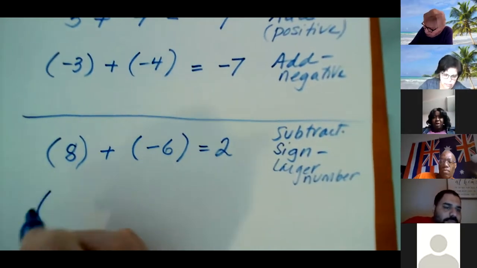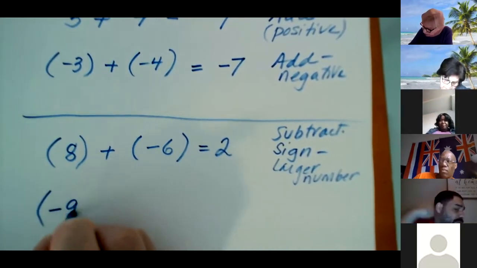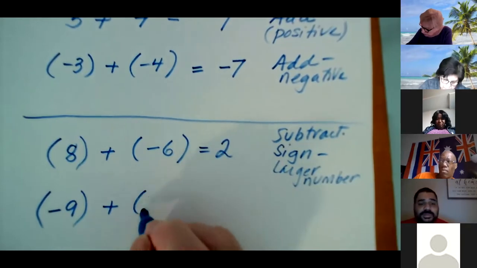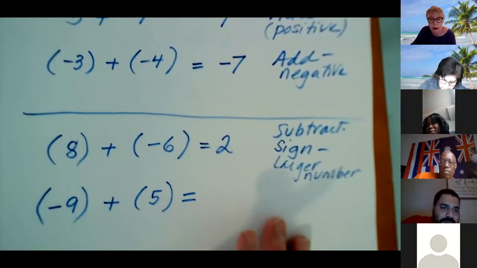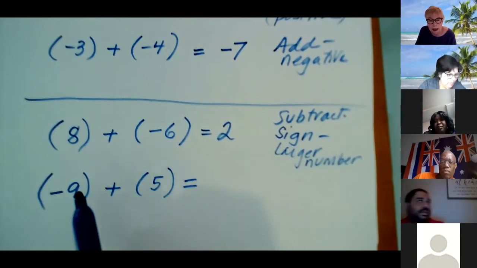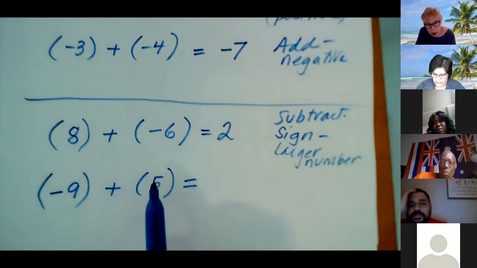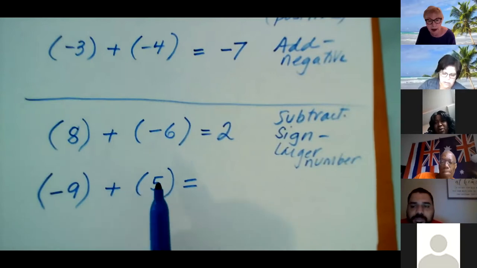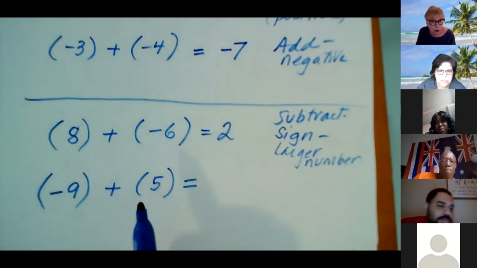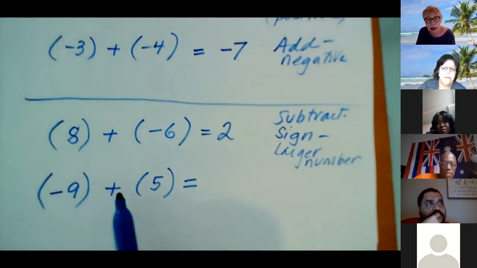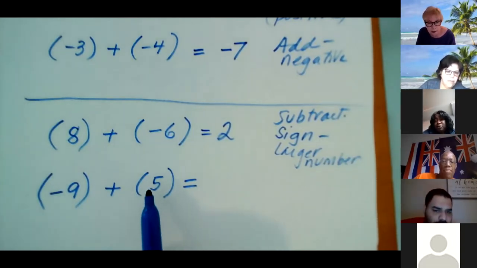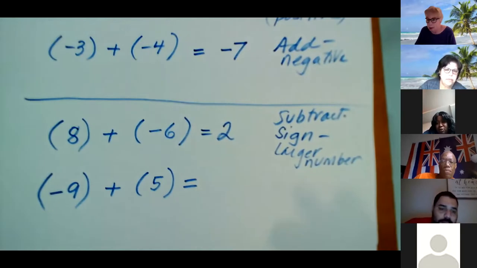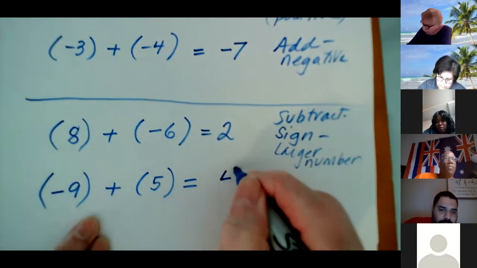So let's have, if one is positive and one is negative, and you're adding, we're only doing adding at the moment. If that's the case, you subtract the absolute value. So 9 take away 5 is actually 4.